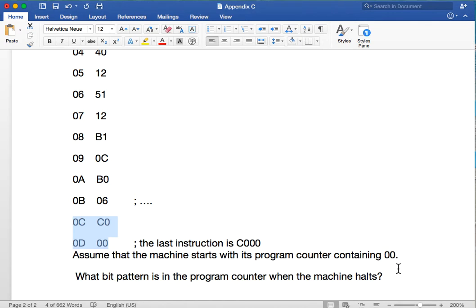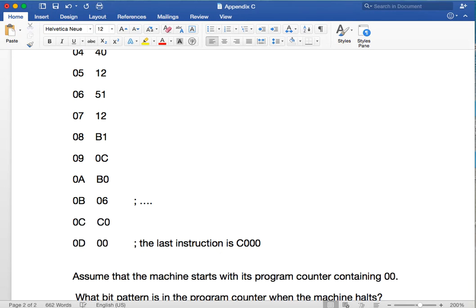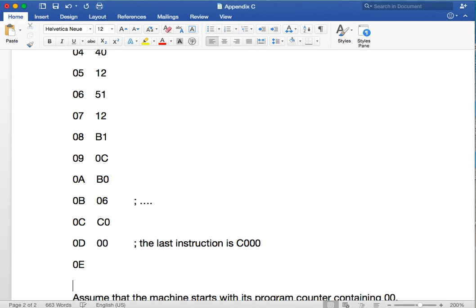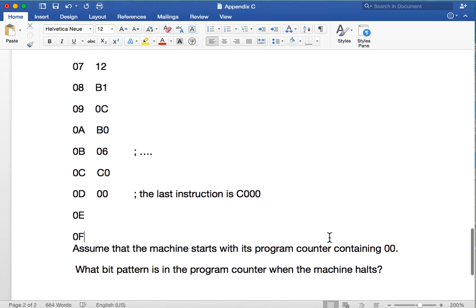Since your instructions are stored one after another, the next address will be after D, which is 0E. Oh, I forgot to mention, each instruction has 2 bytes, but its address is the address of the first byte.